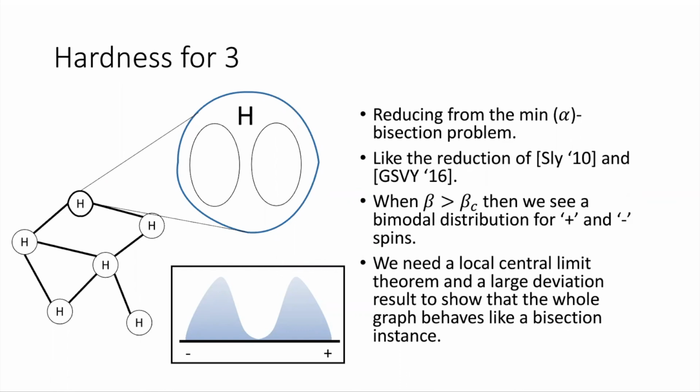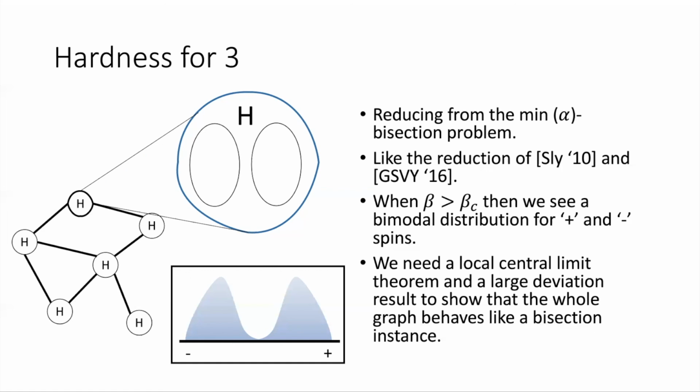We use a gadget very similar to Sly and later used by Galanis et al., where basically we take the graph and we replace every vertex in the graph with a random bipartite graph, or a bipartite expander. We perturb this just so that we can keep it Delta-regular and help some of the probability arguments, but in spirit it is just a bipartite expander graph.